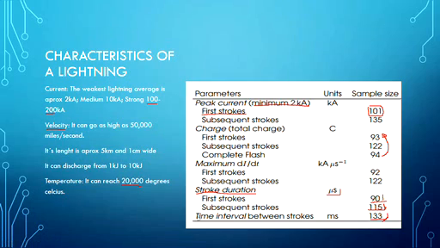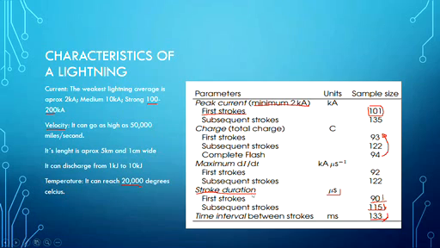And well, this is another chart of a sample lightning that I took. The first strokes got 101 kiloamperes of current, so we can be talking about a strong lightning. The charge goes from 93 coulombs, the complete flash 94 coulombs, pretty much the same as the first stroke, and subsequent strokes had a charge of 122.